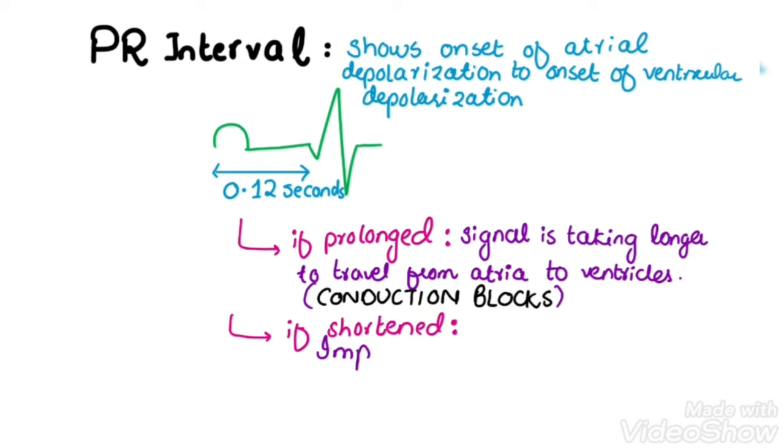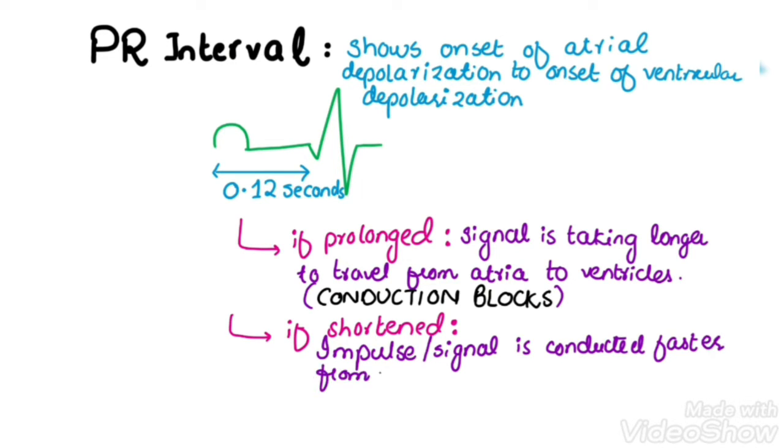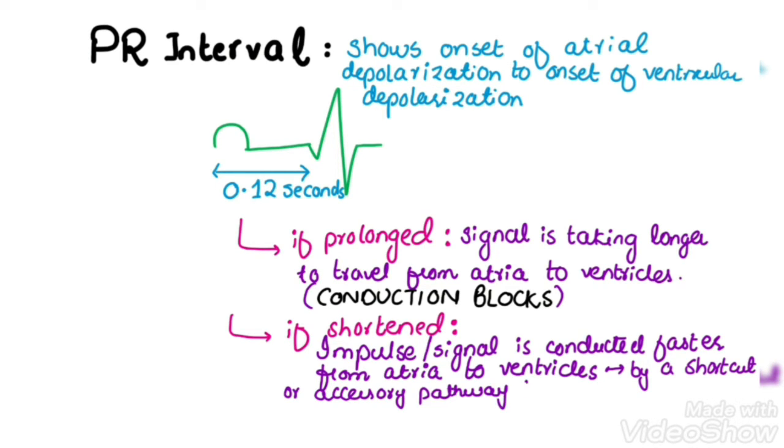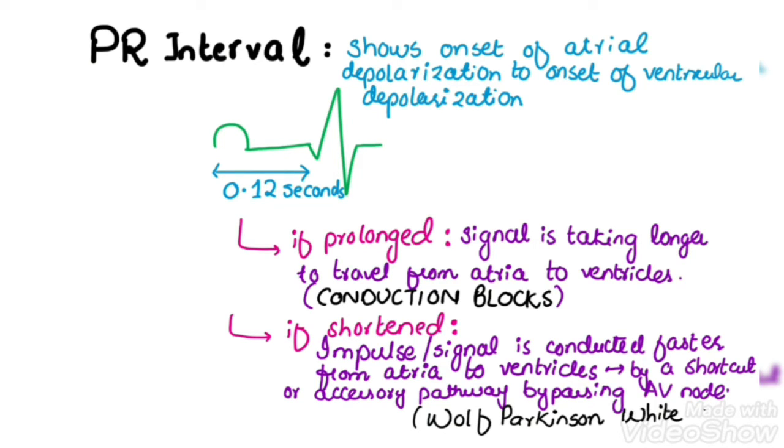If it is shorter, it means that there is an accessory pathway that allows a faster conduction from atria to the ventricles. This happens in Wolff-Parkinson-White syndrome, in which an accessory pathway connects the atria to the ventricles and the AV node is bypassed. The AV node causes the main delay, so it's bypassed here.